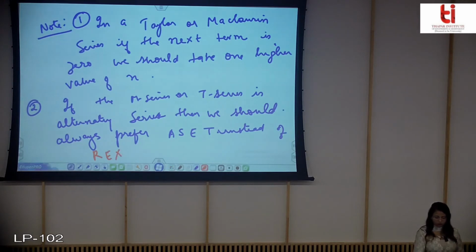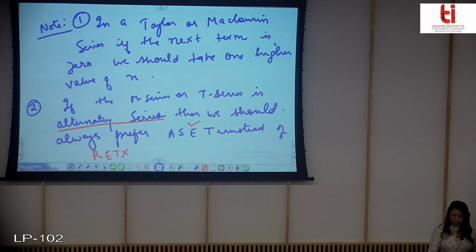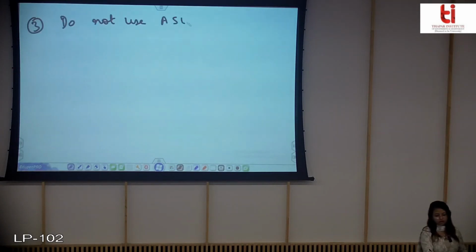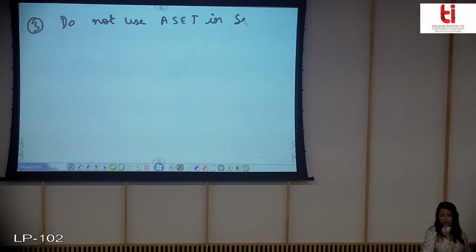So you will not apply this, you will apply this when you find an alternating series. And the next note is that do not use the alternating series estimation theorem in series which are not alternating series.